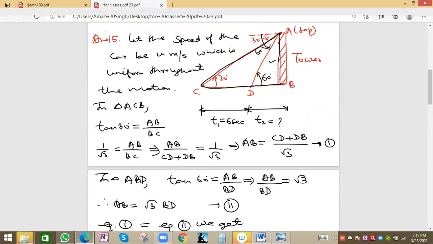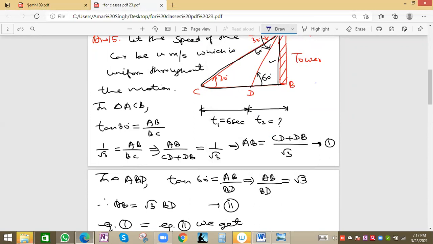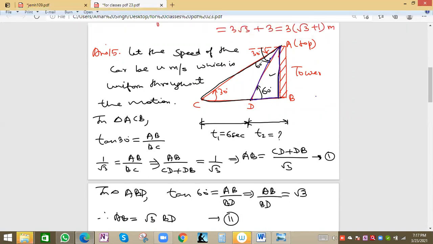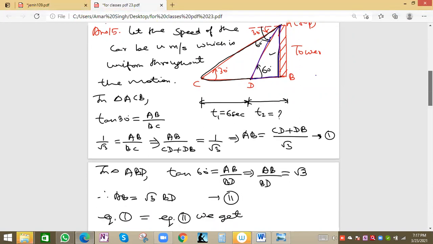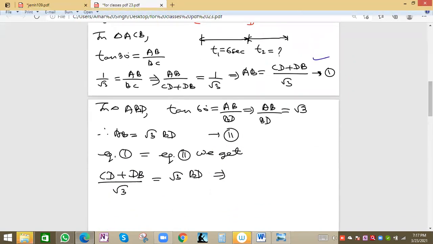The second equation we got from the smaller triangle ADB, tan 60 equal to AB by BD. We found the AB value in terms of CD and BD in the first equation, and the AB value in terms of BD in the second. So both we can equate.